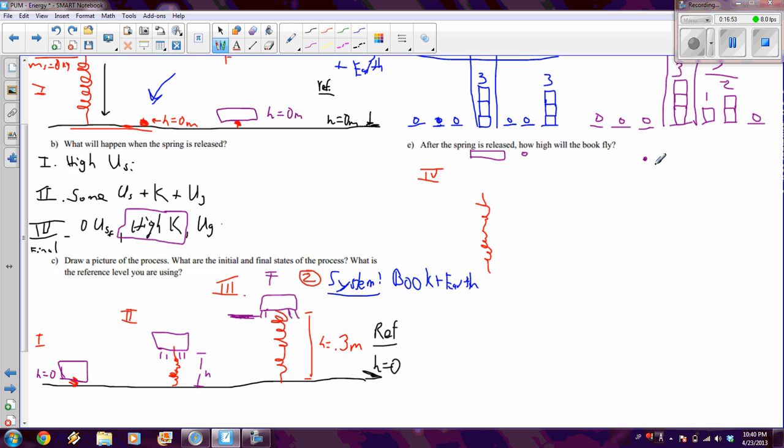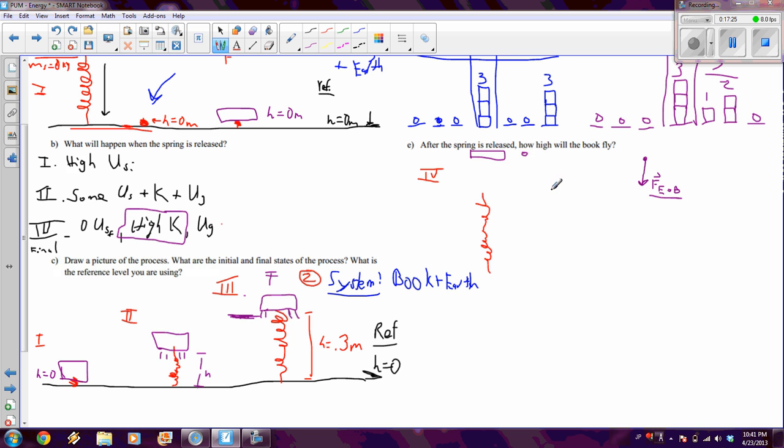There is the force that Earth exerts on the book, and that's it. At the top, we have this force going down, but the whole way while it's going up, the only force exerted is the force of the Earth on the book. So it's traveling in this upwards direction.